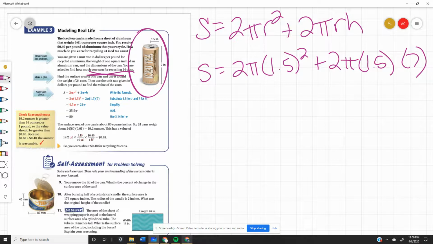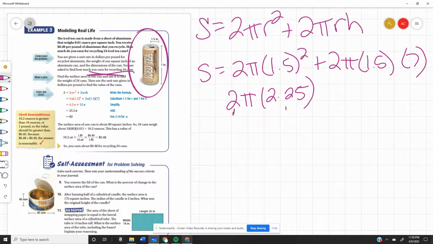So let's get started. So this is going to be 2 pi times 2.25, which is actually equal to 4.5 when you multiply these two together.